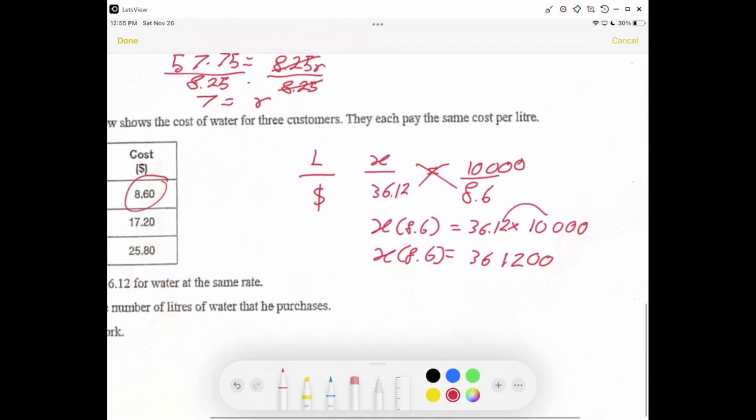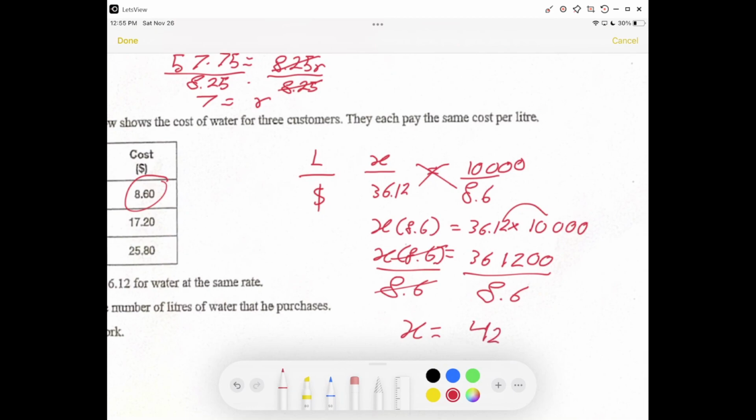Alright, now we have to divide this by 8.6 on either side. Cut this out, and we know that he's going to get 42,000 liters by spending $36.12. So finally, let's move on to question number 18.